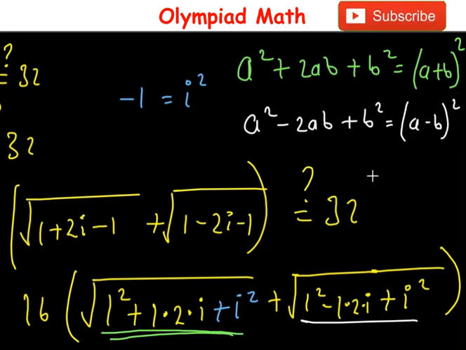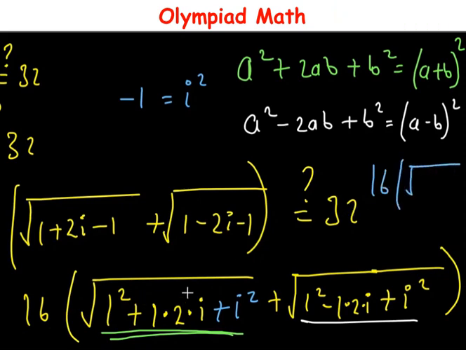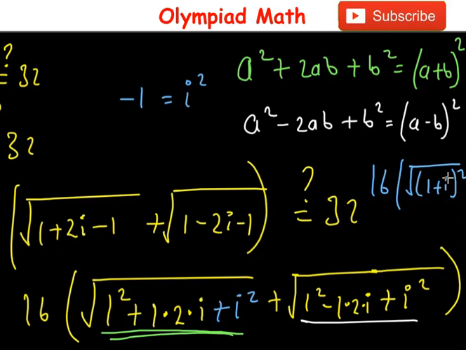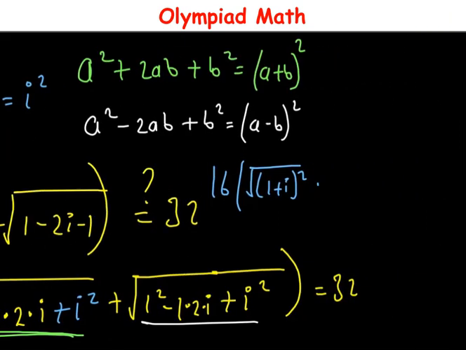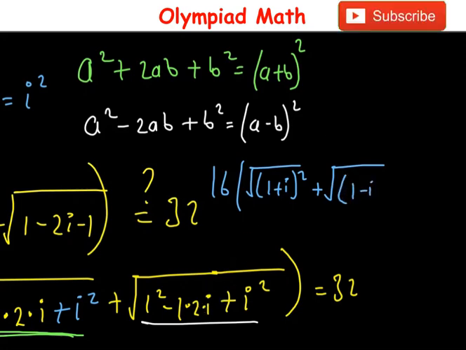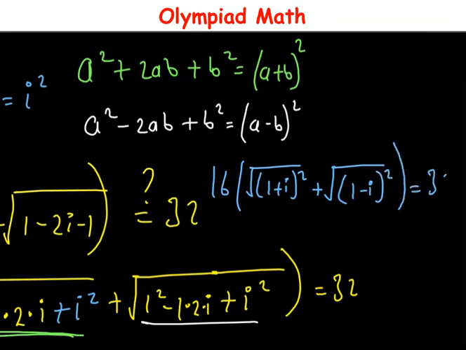This then becomes 16 into bracket square root of this. Following this identity, we have it as, in bracket, 1 plus i all squared, and plus square root of this becomes, in bracket, 1 minus i, all squared, and this equals 32.